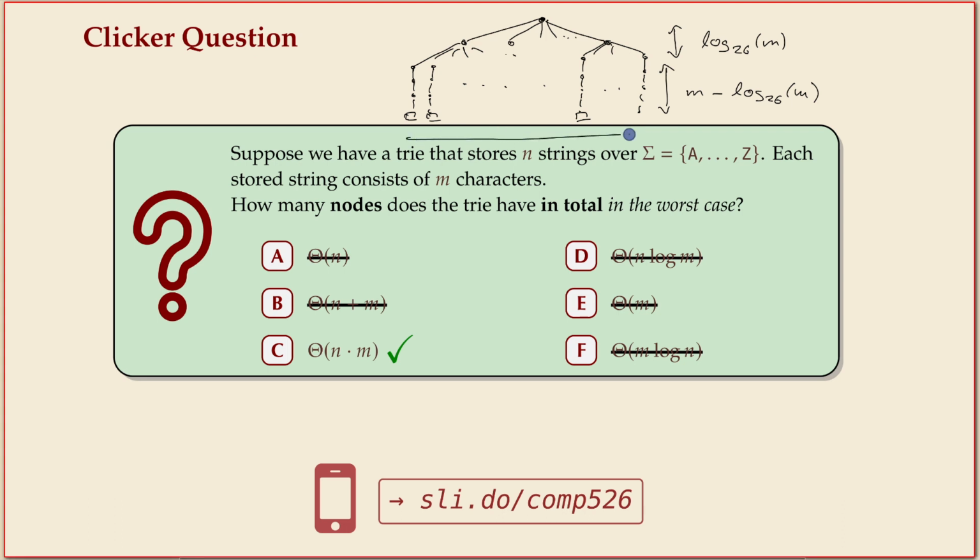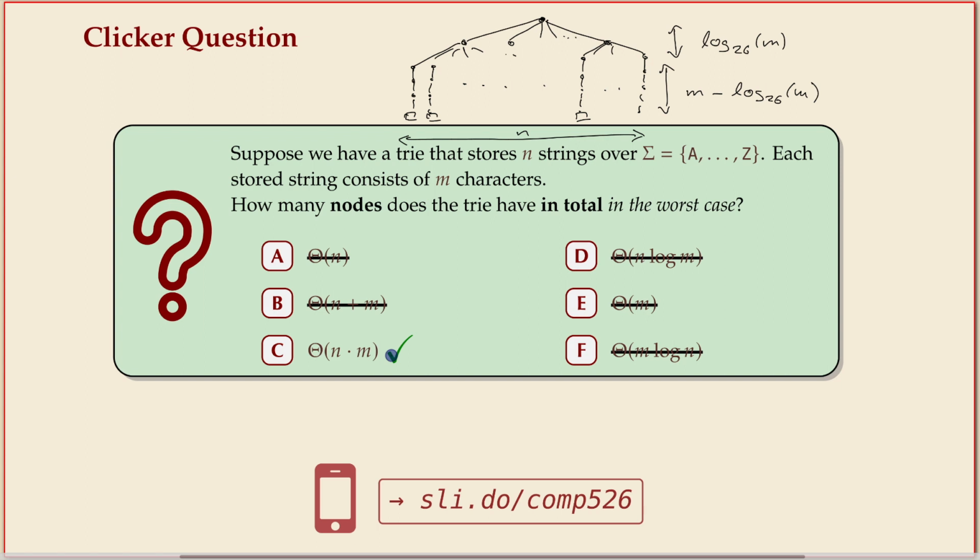The number of strings that you have here is n, or n leaves in the end. Each of these n strings contributes m minus a tiny bit of nodes that it doesn't share with any other string. So if you just look at this rectangular part at the bottom, these tentacles, they contribute asymptotically n times m nodes. And that's where this worst case comes from.